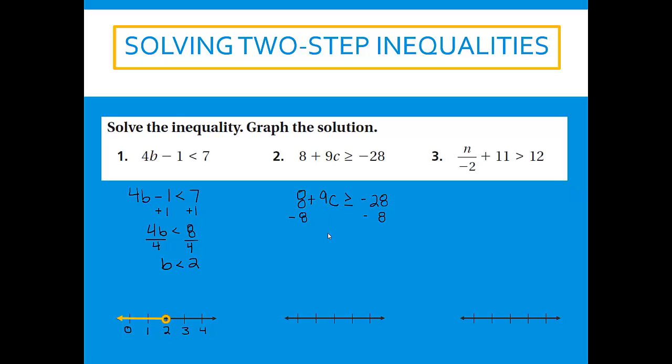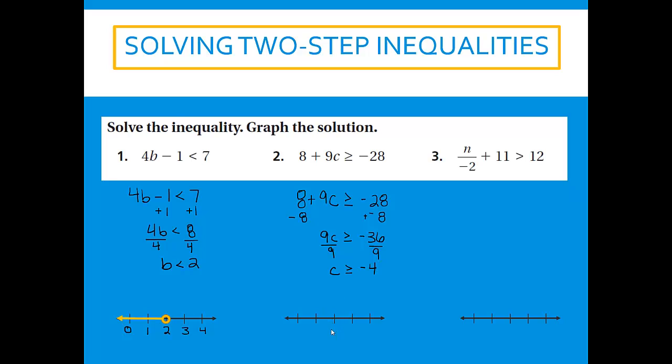On the left-hand side, we have 9c, and then we have is greater than or equal to, and negative 28 minus 8 would be negative 28 plus negative 8, which would be negative 36. Now we'll divide both sides by 9. So on the left-hand side we have c, then we have is greater than or equal to, and negative 36 divided by 9 is negative 4.